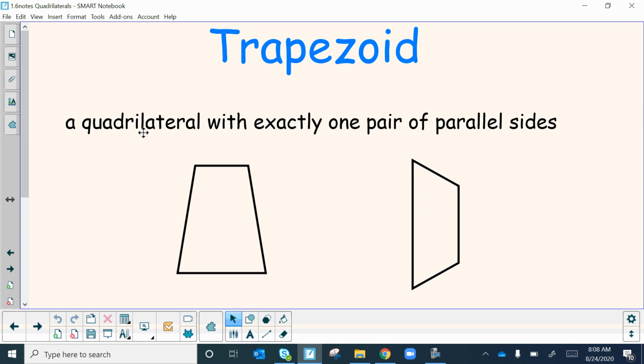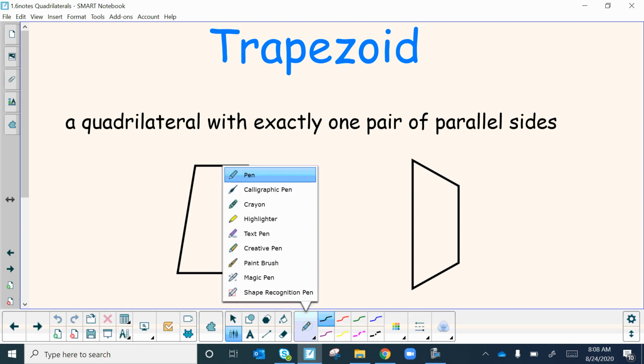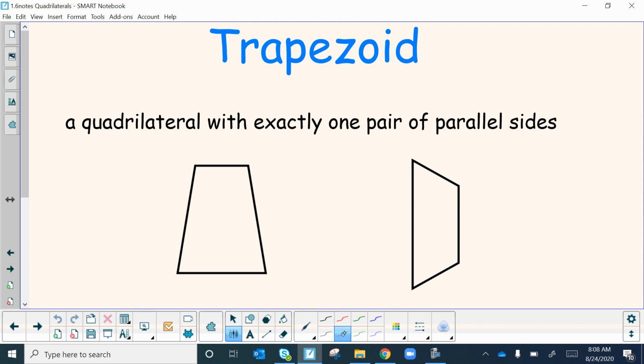The trapezoid is a quadrilateral with exactly one pair of parallel sides. So when you see these two examples of quadrilaterals, they are not quite a trapezoid yet until you see proof. Remember, I've been talking about having proof on every picture. Because it looks like it, you have to see the parallel symbols, okay? Because in the definition, it has exactly one pair.